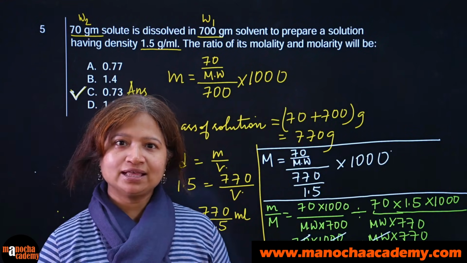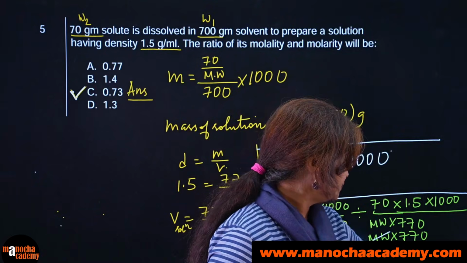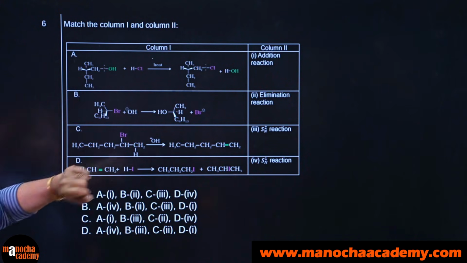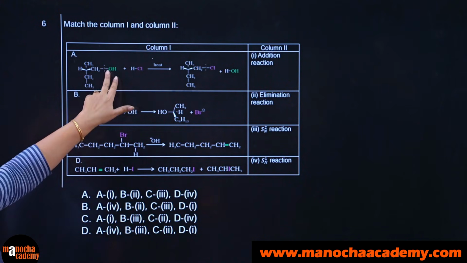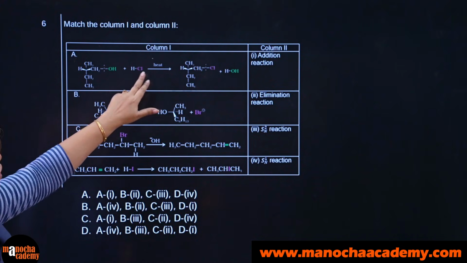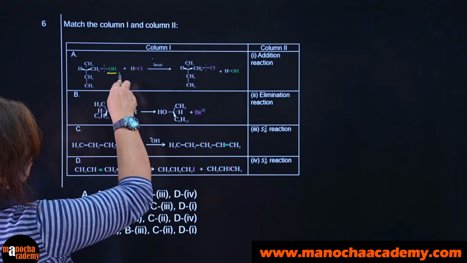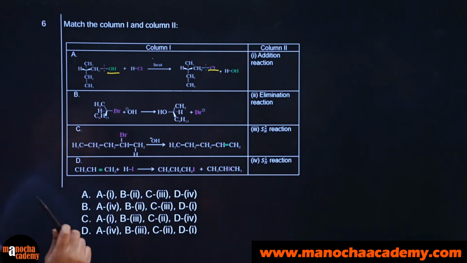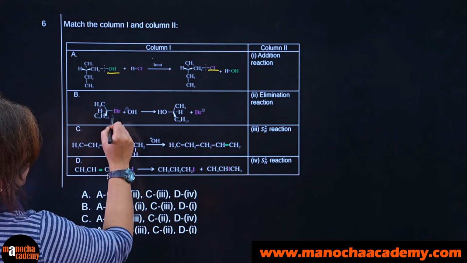So I move to the next slide. Next question. This is an easy question we got. See, here you have OH and HCl, and in place of OH you are getting a Cl group. Here you have a Br, the leaving group.